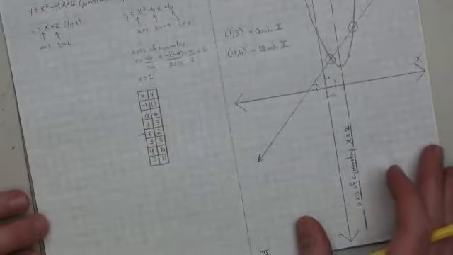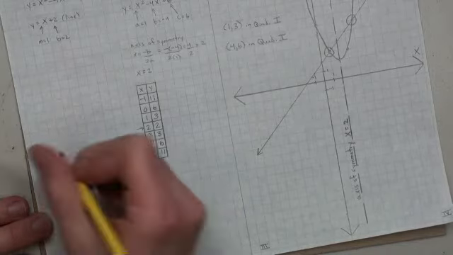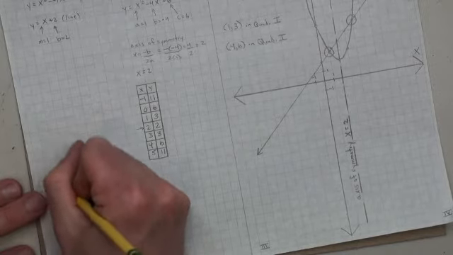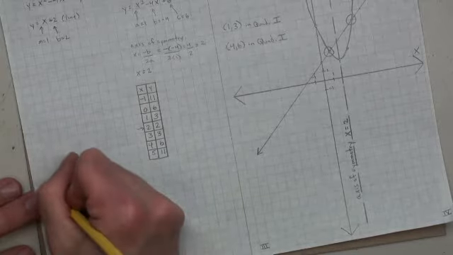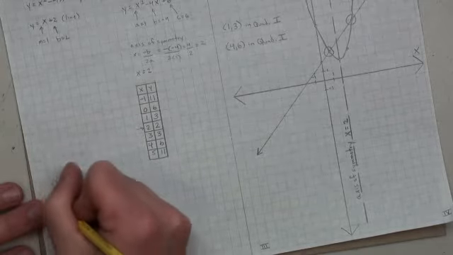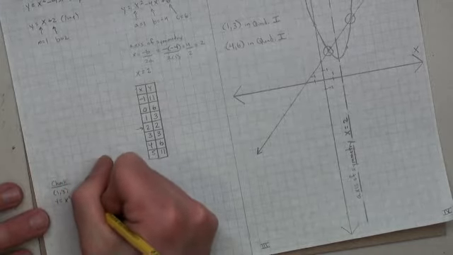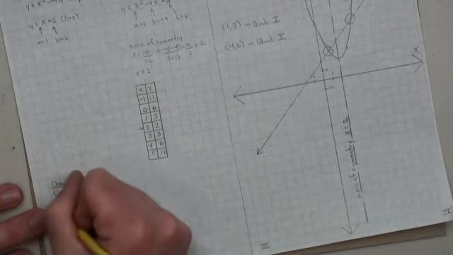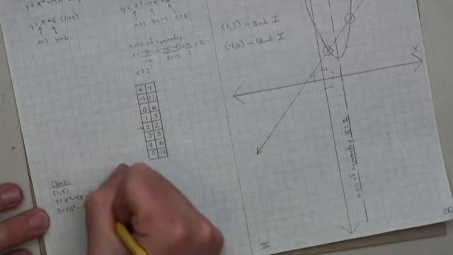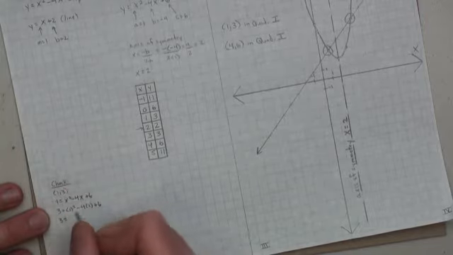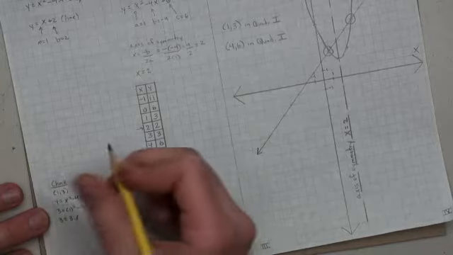Let's show our check. First we'll check 1, 3, which is y equals x squared minus 4x plus 6. 3 equals 1 squared minus 4 times 1 plus 6. 3 equals 1 minus 4 is negative 3 plus 6 is 3, so it checks.